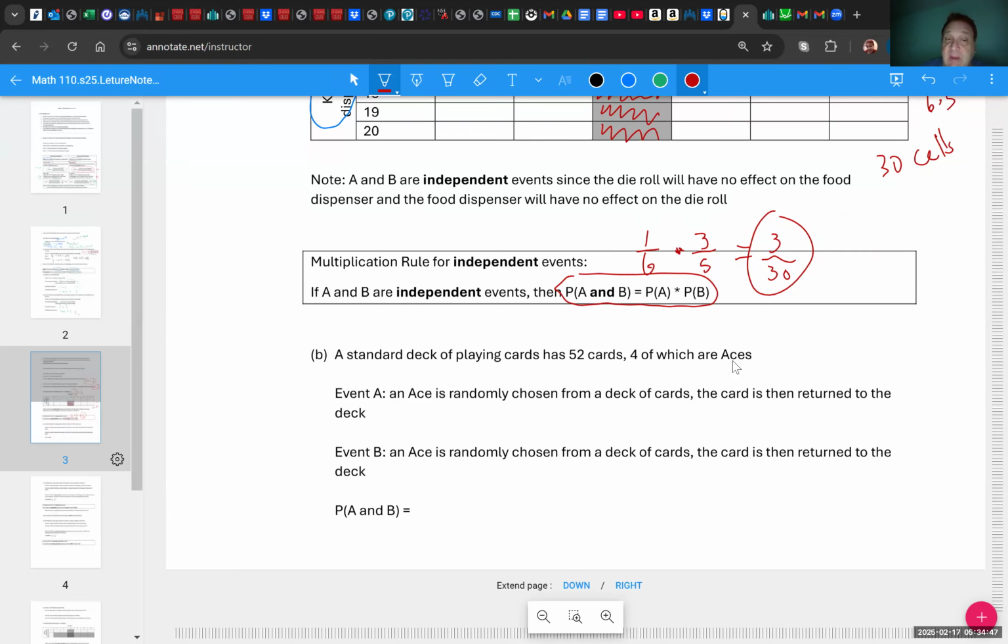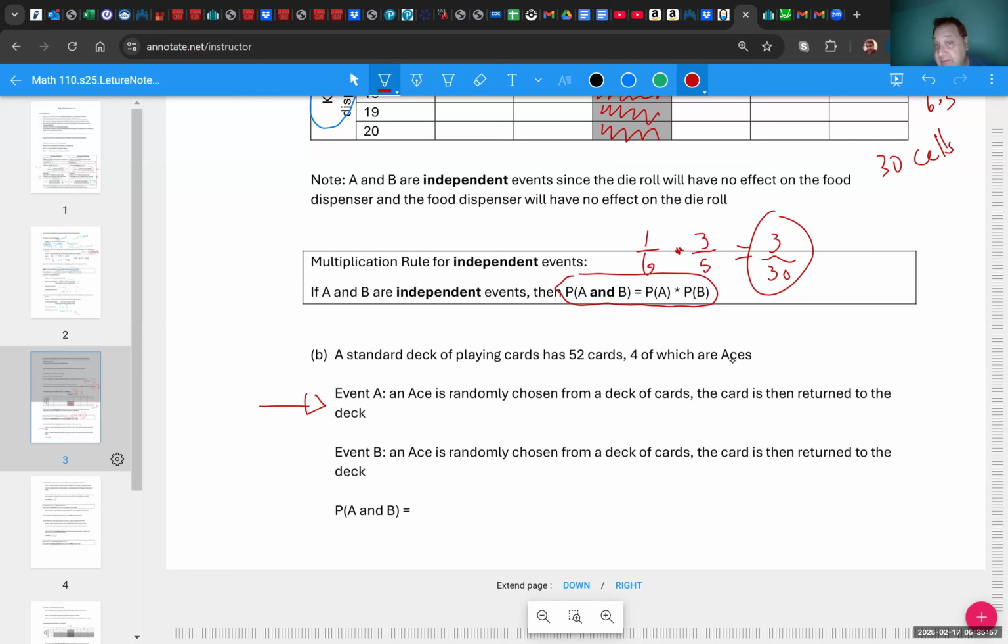So if event A occurs, I still have 4 aces out of 52 cards for event B. If event A doesn't occur, remember I'm still returning the card to the deck, then again, there's still 4 aces and there's still 52 cards. So these are independent events because whether I draw an ace on the first draw doesn't affect whether I draw an ace on the second draw. And whether I draw an ace in the second draw does not affect my first draw.